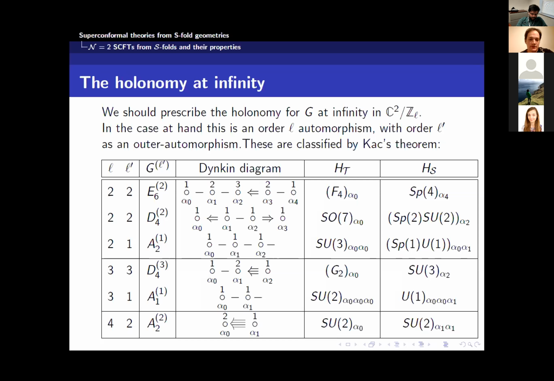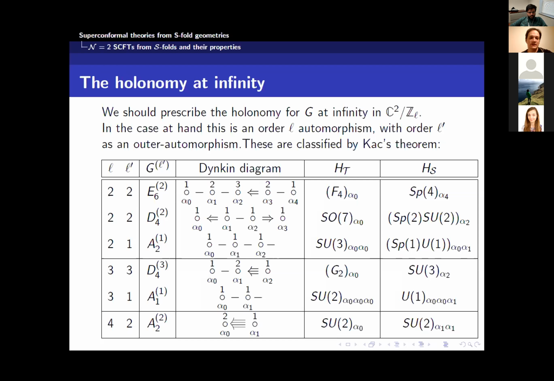The same node can be selected multiple times, such that the sum of the Dynkin labels is equal to L over L prime. So for instance, in the first case, both L and L prime are 2. And so I have only 2 possibilities to satisfy this constraint. Either I pick alpha 0 once, or I pick alpha 4 once.